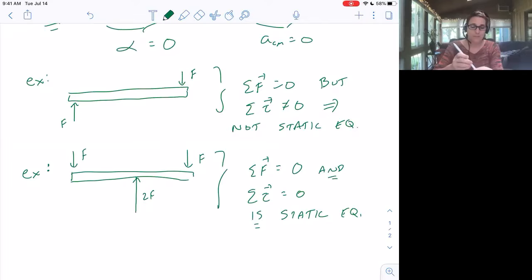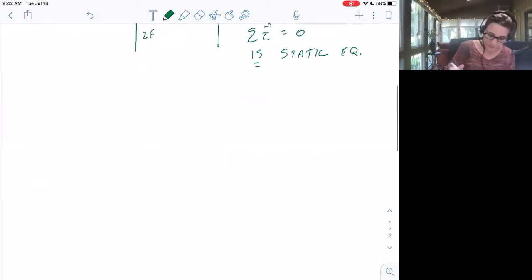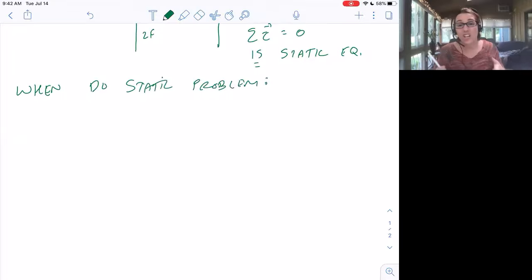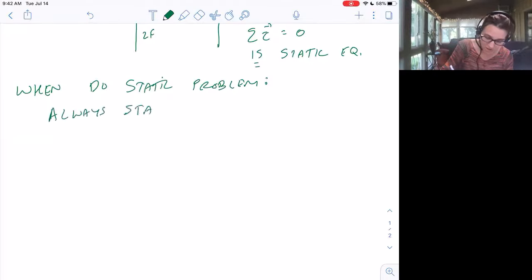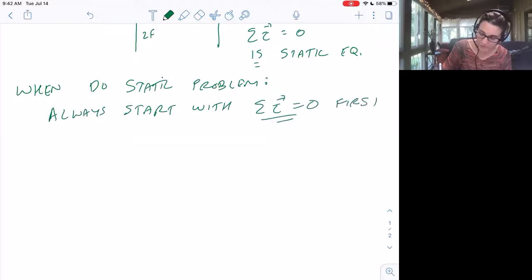So when we analyze our static equilibrium problems, generally, it can't hurt, just always do sum of torques first. That's my advice. Just always start with the sum of torques equals zero first before you worry about the forces.